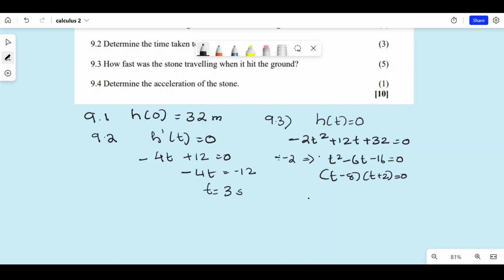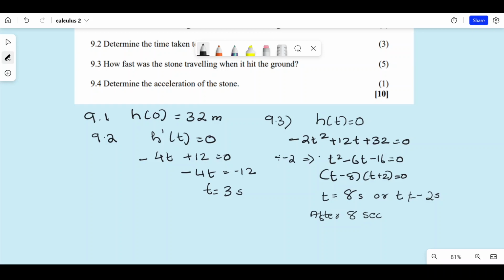The two values of t are t equal to 8 seconds or t equal to negative 2 seconds, which is not possible. So the answer here is after 8 seconds the stone hit the ground.